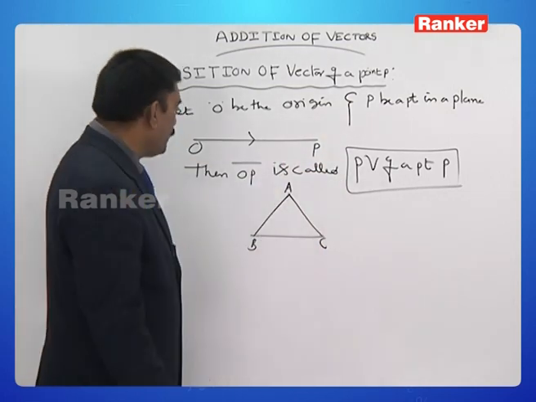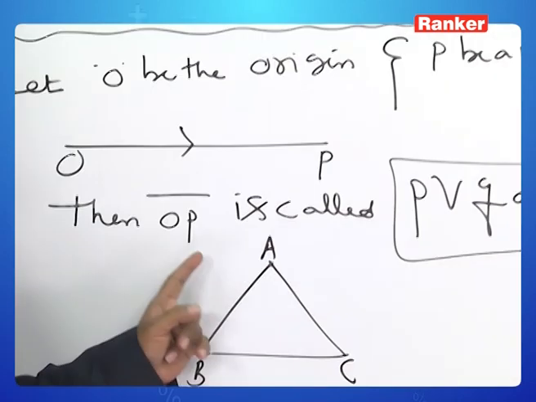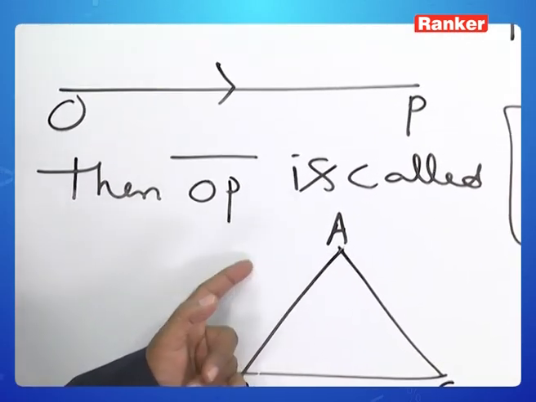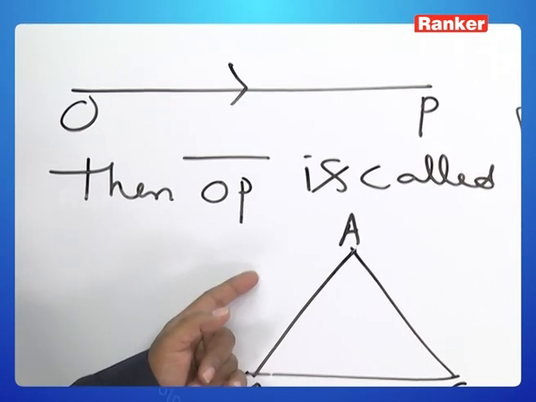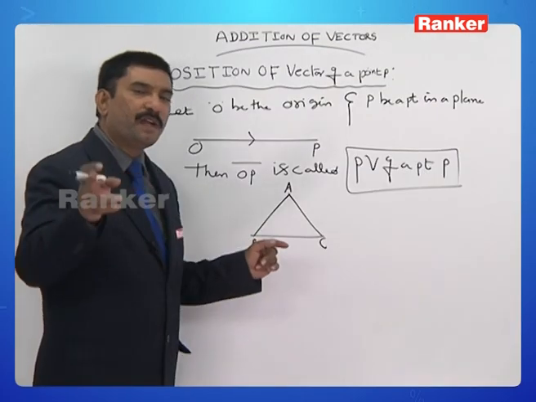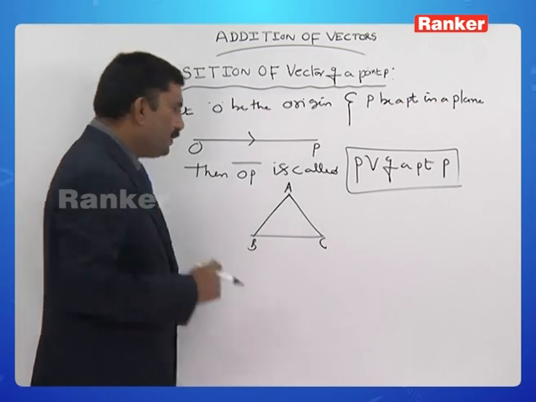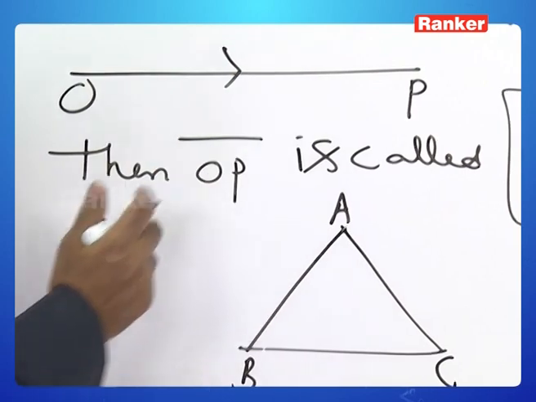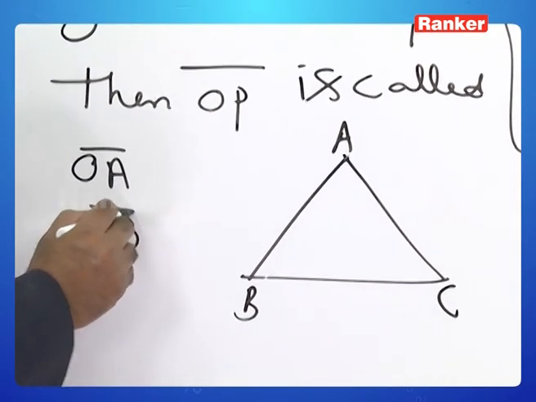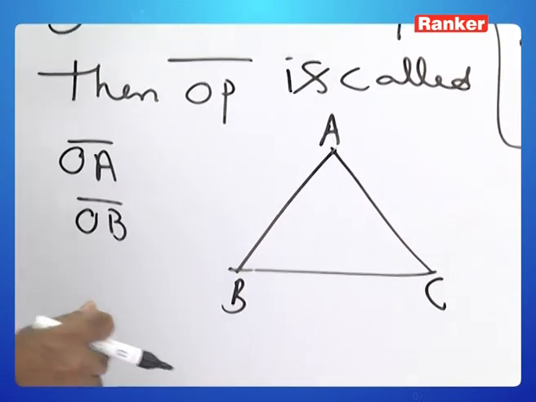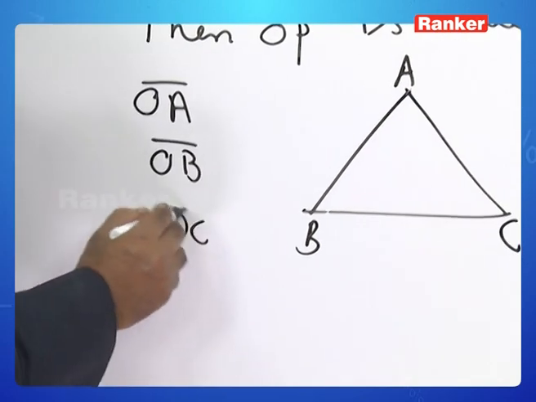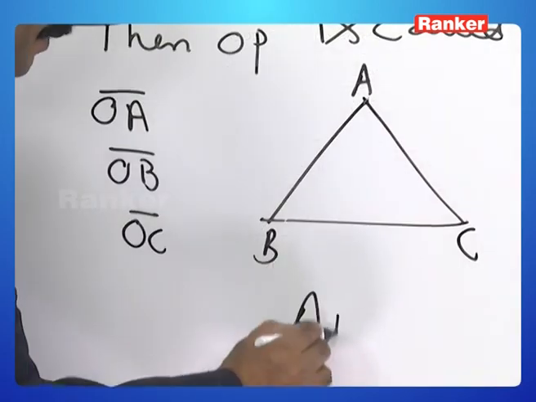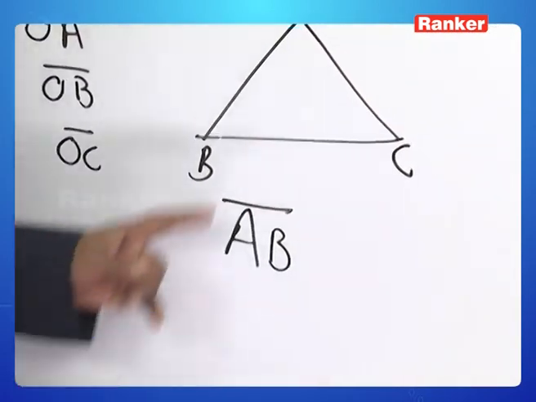So therefore, now OP bar. Hereafter, wherever you come across OP bar, it represents the position vector of a point. If I write OA bar, it's the position vector of point A. If I write OB bar, the position vector of point B. If I write OC bar, it's the position vector of point C. If I write AB bar, it's a vector side.